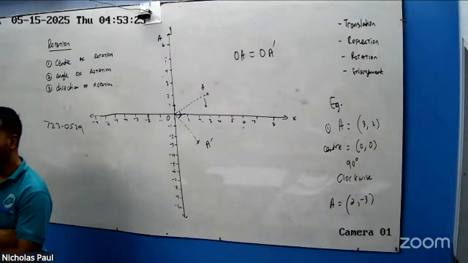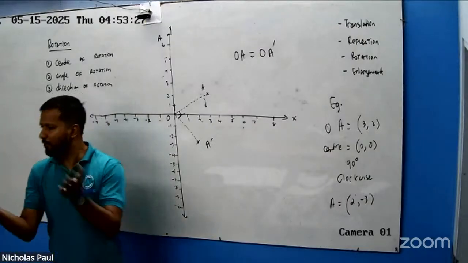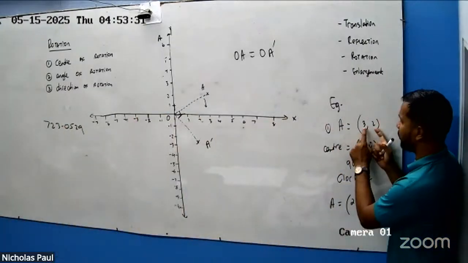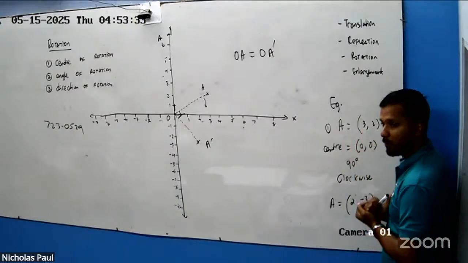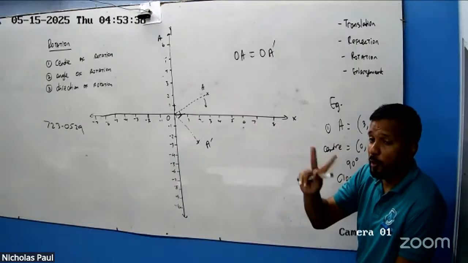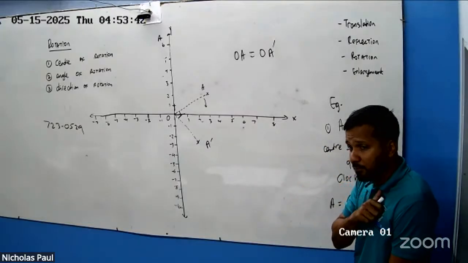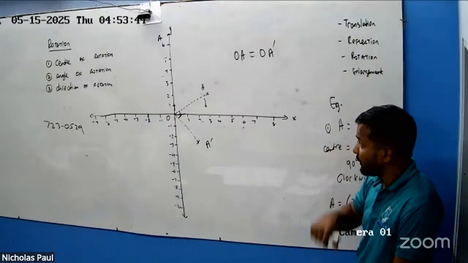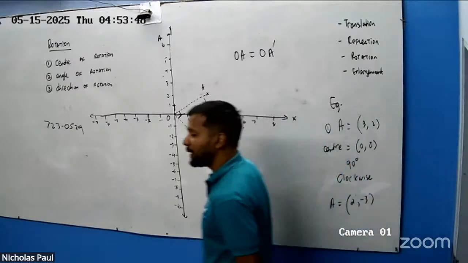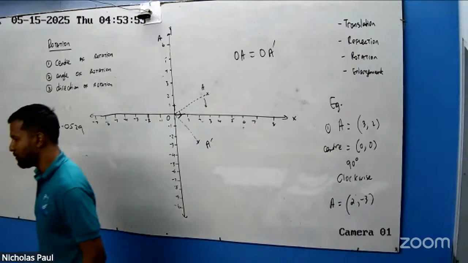It will always be some variation of the coordinates given. It'll always be a 3 or 2. If I give you 9 and 5, it will always be some variation of 9 and 5. That's okay? If we do it properly, there'll always be some variation of the points given.